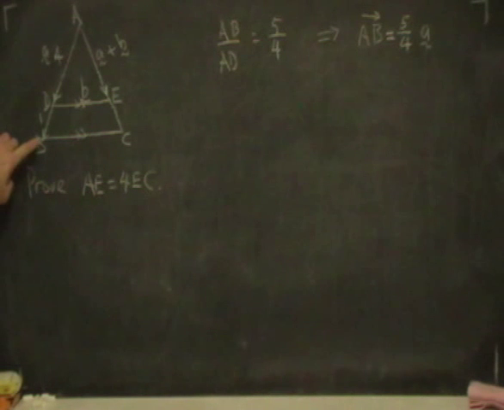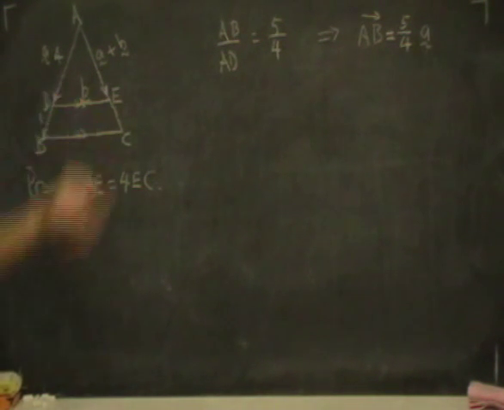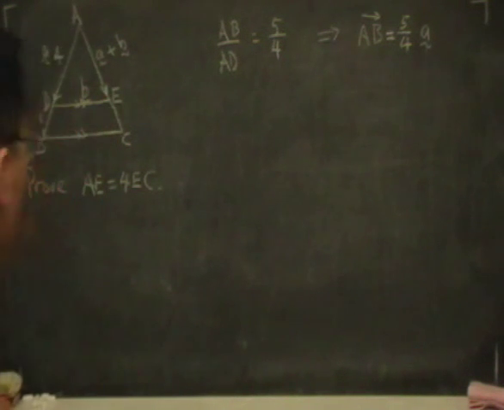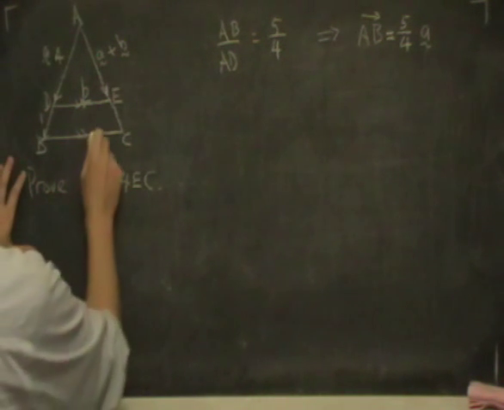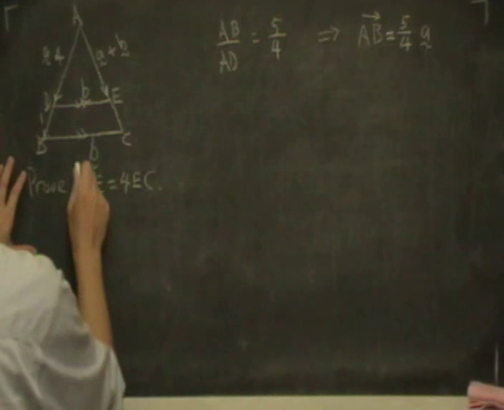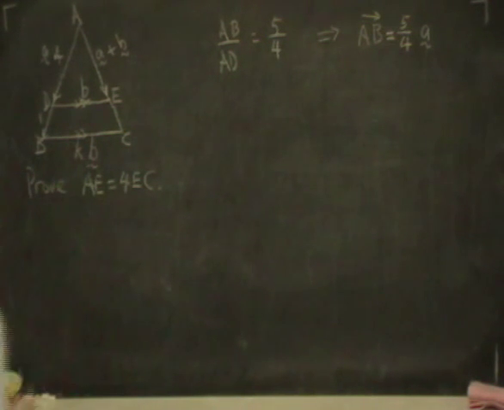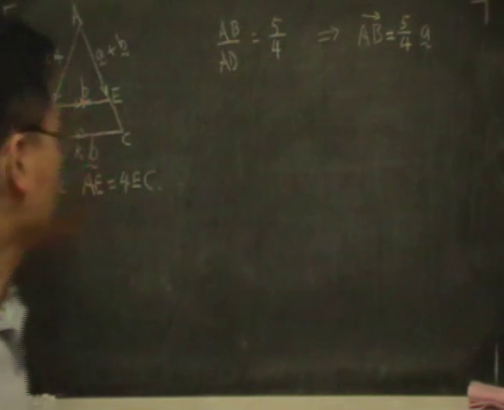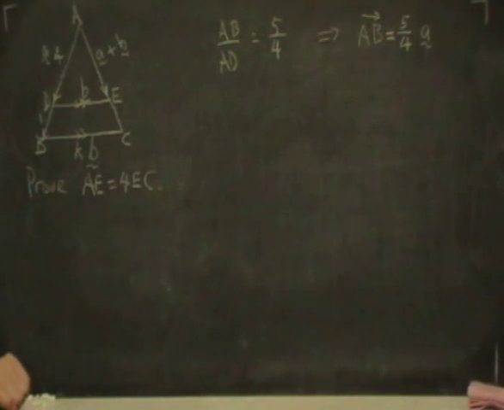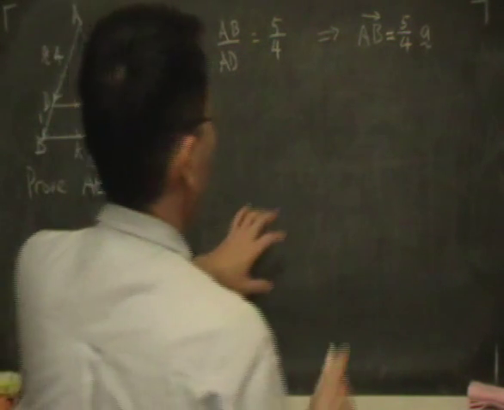Okay, and BC, because it's parallel to little b, therefore it must be little b multiplied by some number, which I let be k. So BC is actually equal to kb.